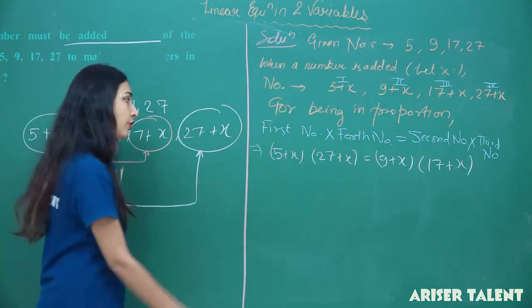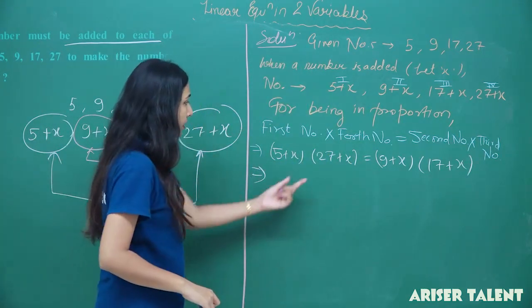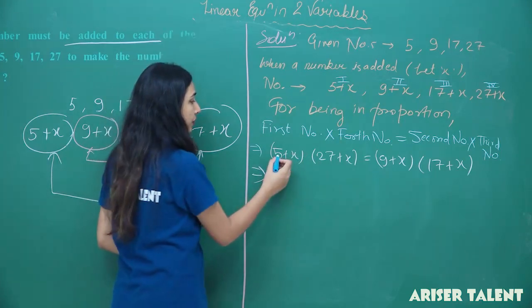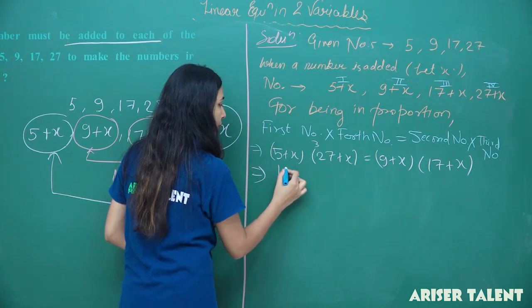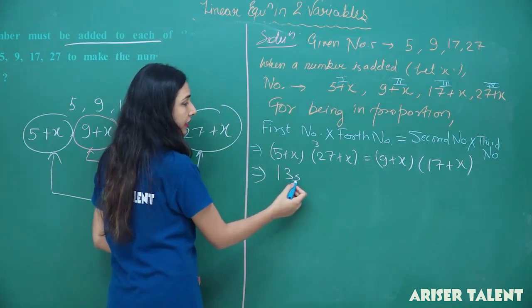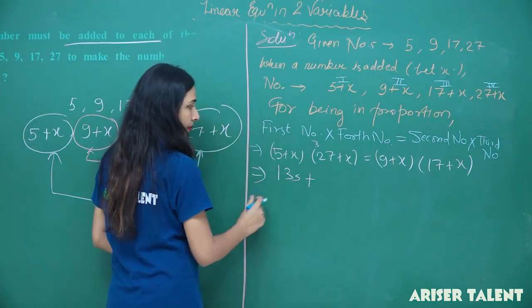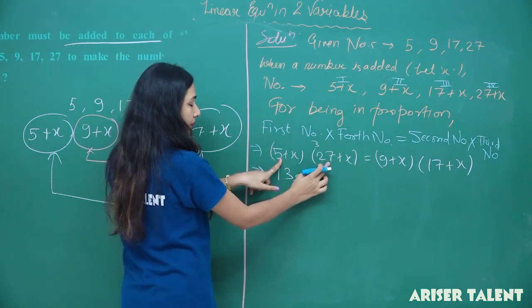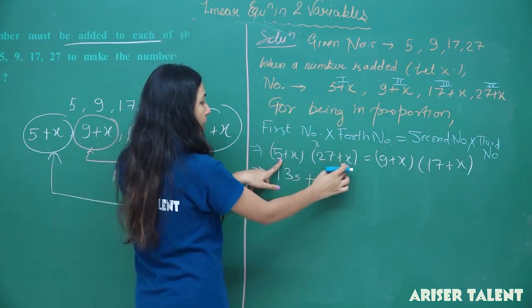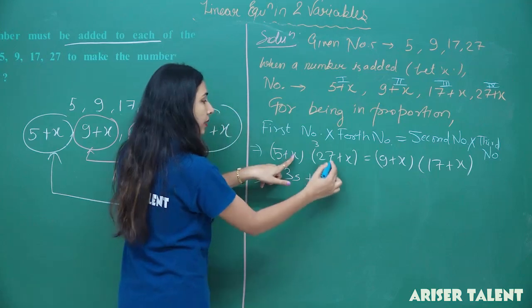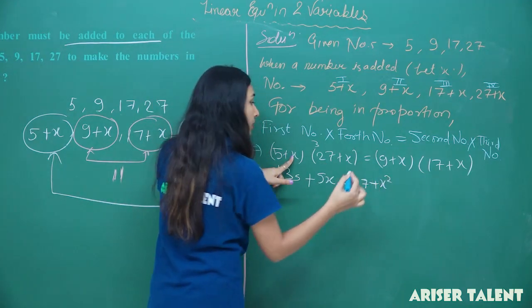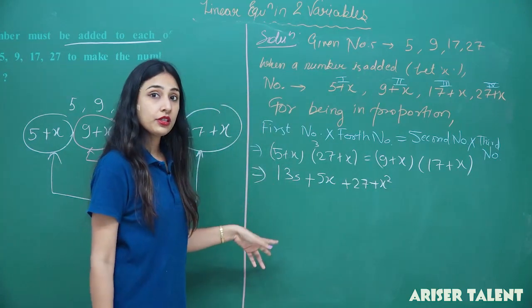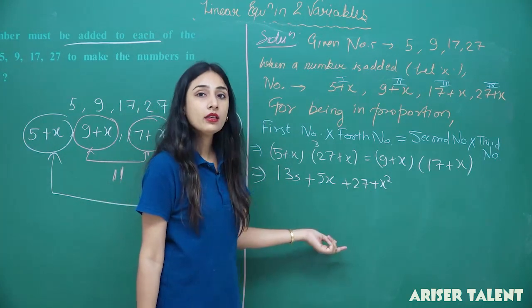Is it so? Okay. Now, multiply 27 by 5, that is 135. Plus, you must multiply the added x: 5x plus 27x plus x square. Now, this is a linear equation and you are getting an x square.